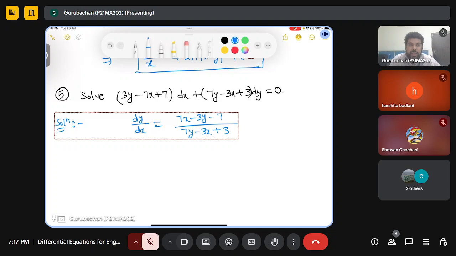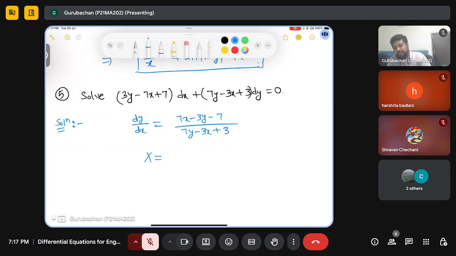Why am I saying homogeneous type? I mean that we may substitute capital X is equal to x plus h and capital Y is equal to y plus k, where h and k are constants.